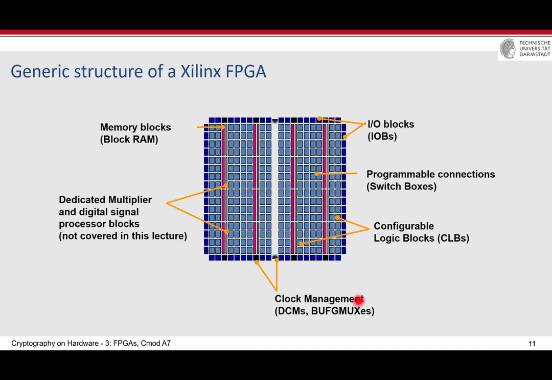Every FPGA is different, and this is just a sample. If you look at another FPGA, it will not necessarily be like this. It might actually not be symmetric at all.